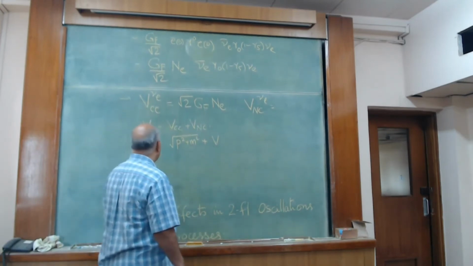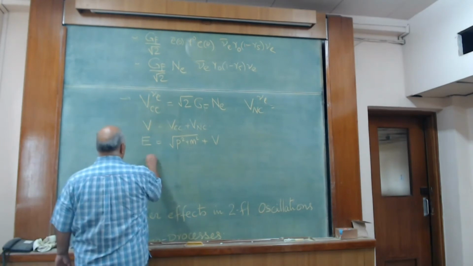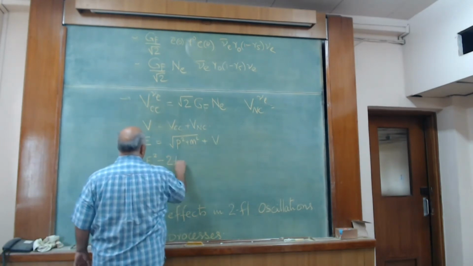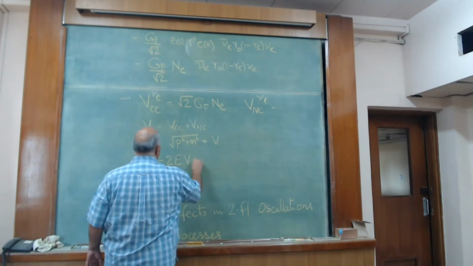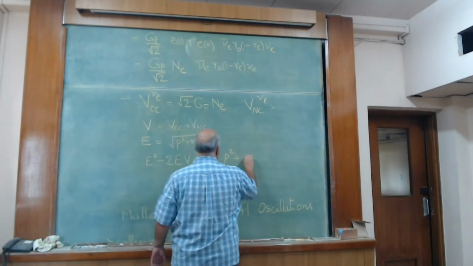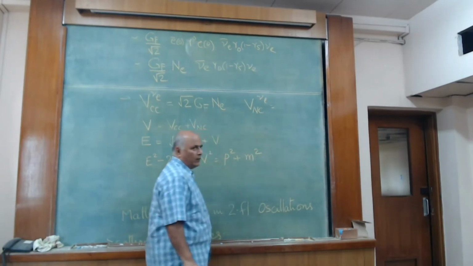From here we find that E squared, I bring this V to this side, minus 2EV plus V squared is equal to P squared plus M squared.